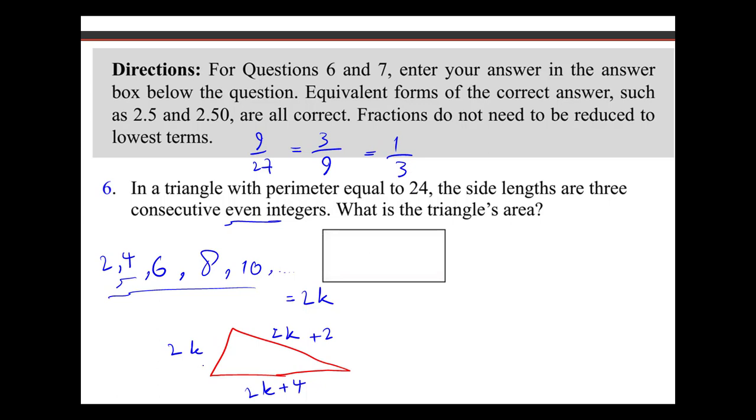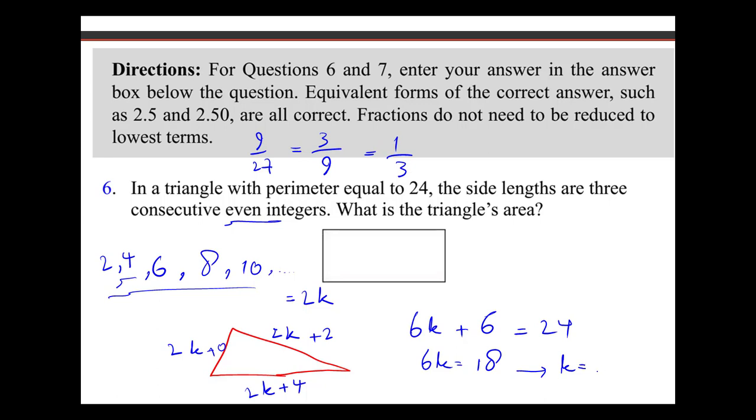If you sum them up, it's 24. Let's sum them up. 2k, 2k, 2k is 6k, plus 2 plus 4. So 6k plus 6 equals 24. So 6 goes to the other side, becomes minus 6. 24 minus 6 is 18.